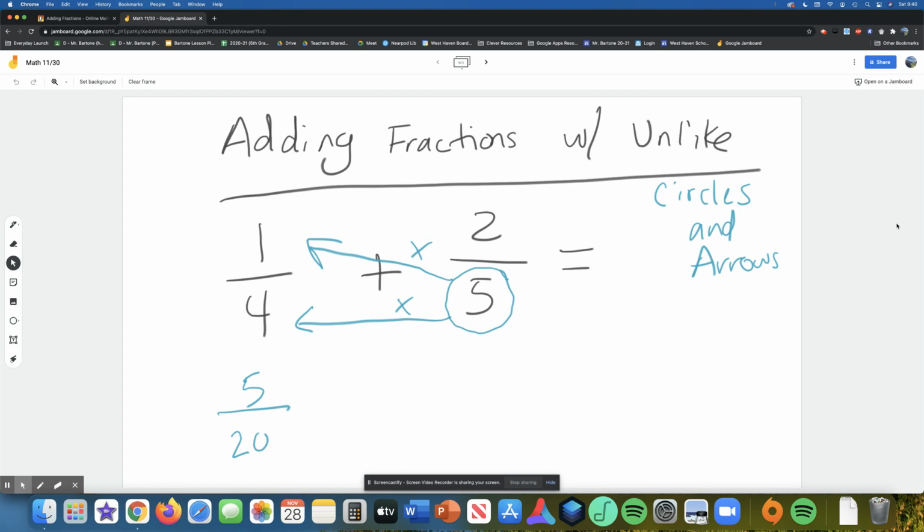Then we're going to do the same thing with this first denominator. I drew my circle. I'm going to draw my arrows over to the opposite side, just like we did. And we know 4 times 2 is 8. 4 times 5 has to be 20 because we want our denominators to match up here, which now they do.